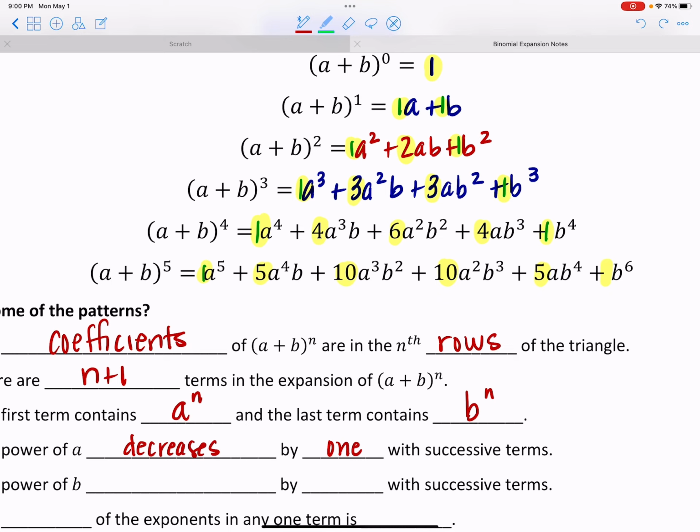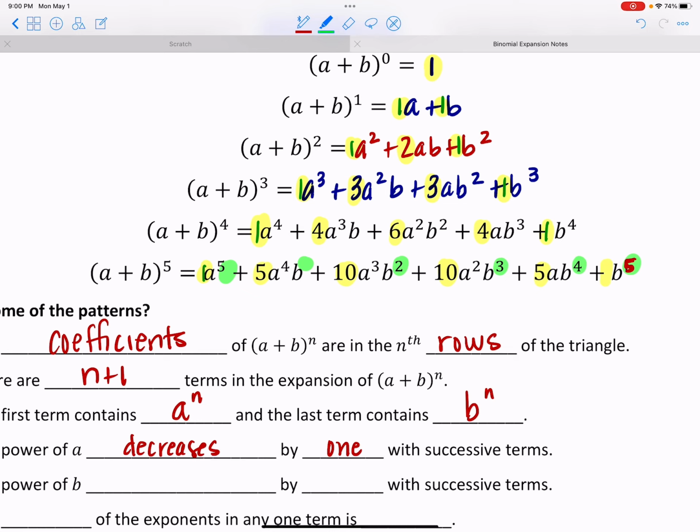If we look at the powers of b, we end with that b to the nth, and then, oh, that's a typo. And I did not catch this. This should be a 5 here for sure. So we start with b to the 5th, and then b to the fourth, and then the third, and then the second, and then the first, and then it zeroes out in that first term. So the power of a is decreasing, but the power of b is increasing.